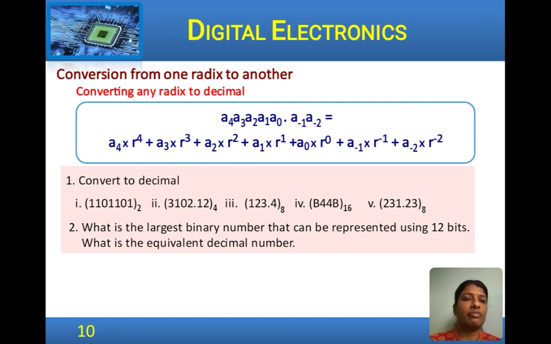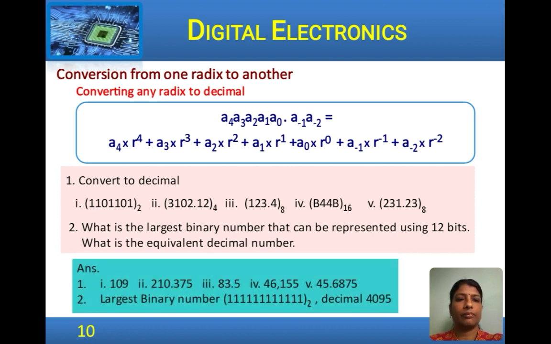So, for the integer part, it is multiplying by r power 0, r power 1, r power 2, moving from right to left. And for the fractional part, it is multiplying by r power -1, r power -2, moving from left to right. Now, pause the video, solve the problems. Pause the video again, check the answers, proceed.